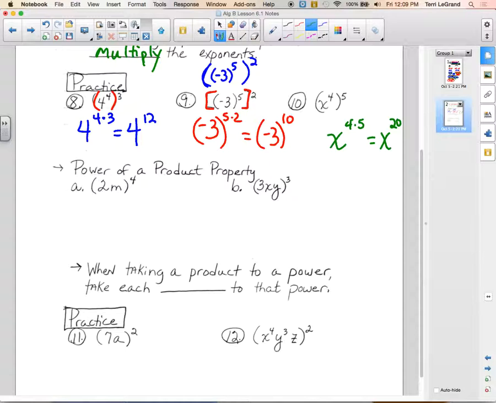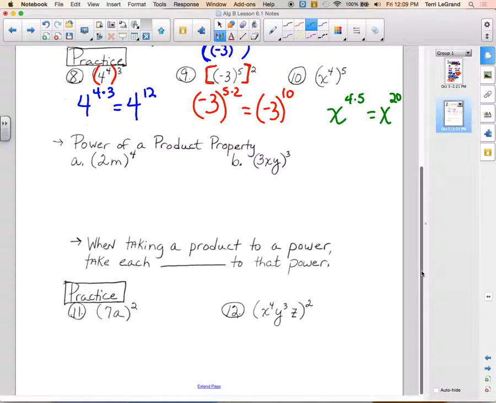We're going to skip over this part for right now, and I'm going to give you the last property, what the shortcut is. Power of a product. There's multiplication going on inside the parentheses here. Everybody knows that's the product. That product is being taken to a power.